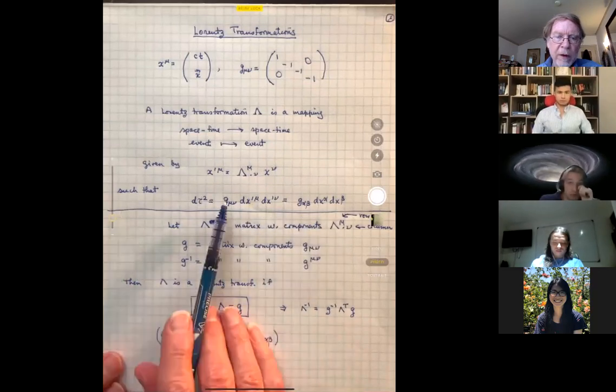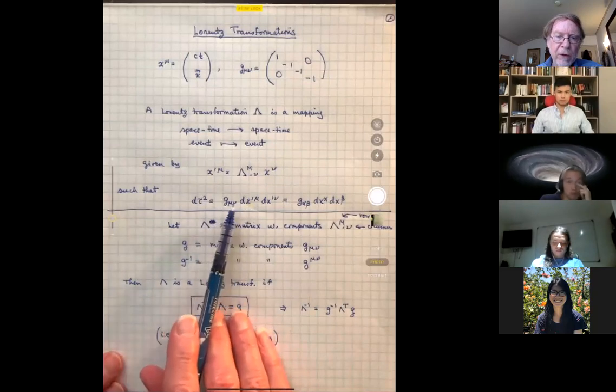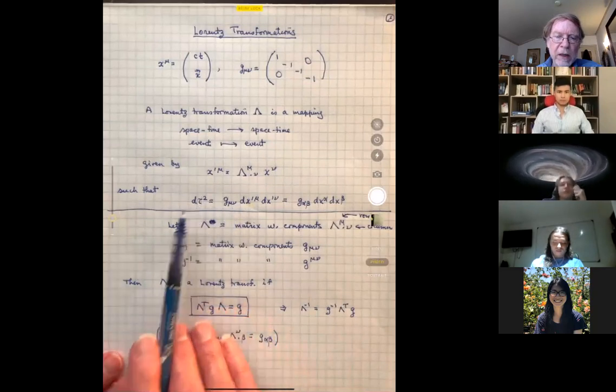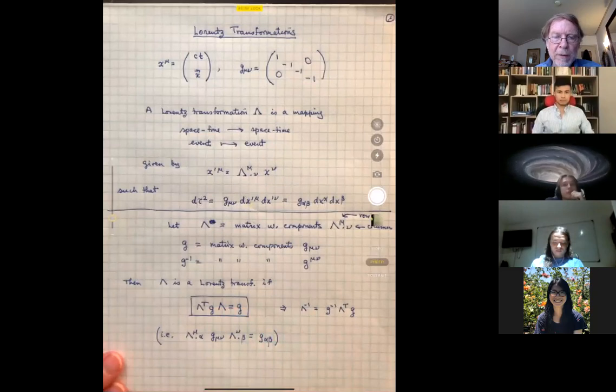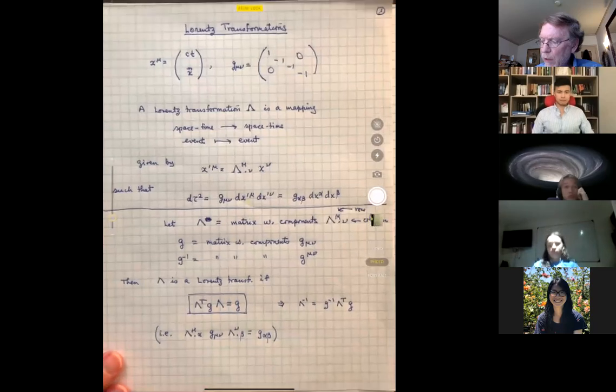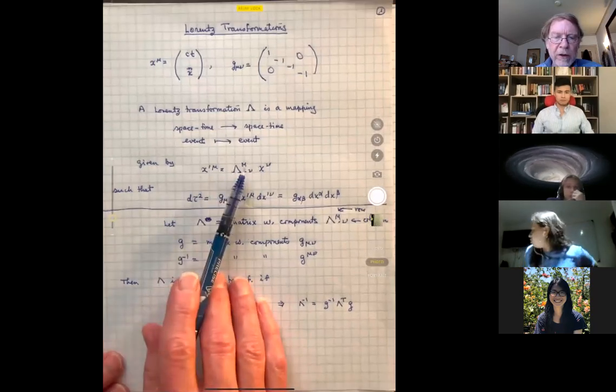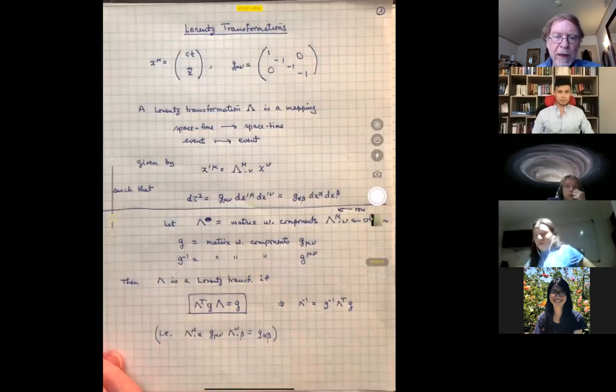It involves the invariant interval d tau squared, which is the square of the proper time connecting two nearby events. All right. This leads to a condition on the matrix lambda. In order that it be a Lorentz transformation, we write it in matrix form.